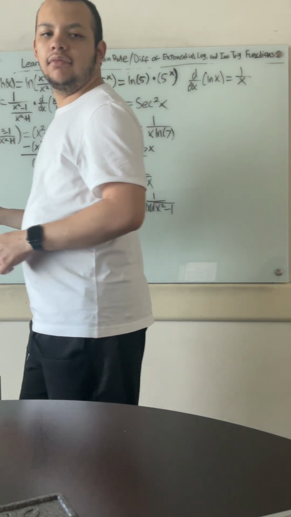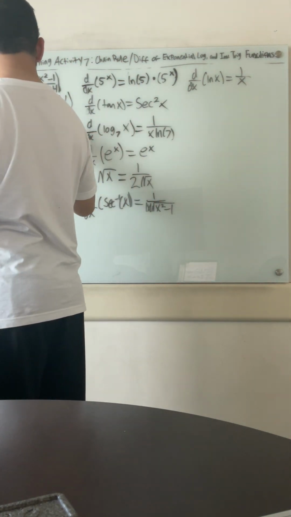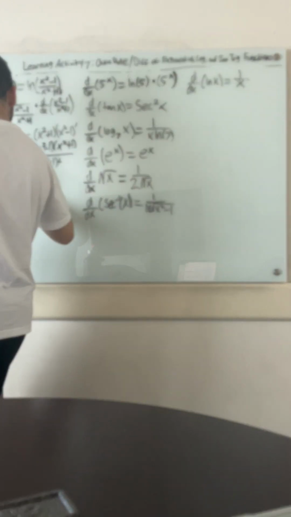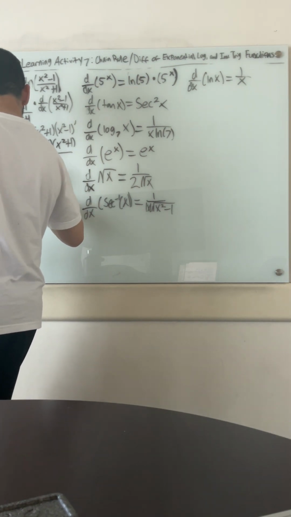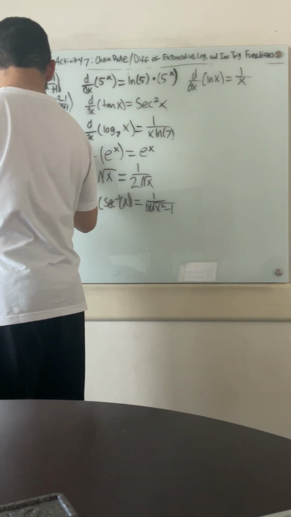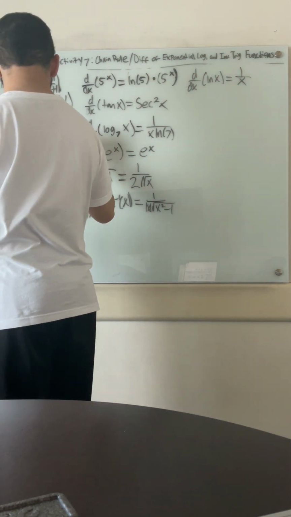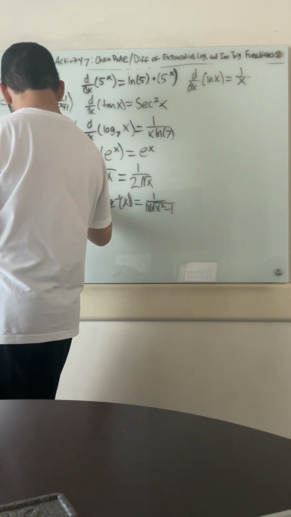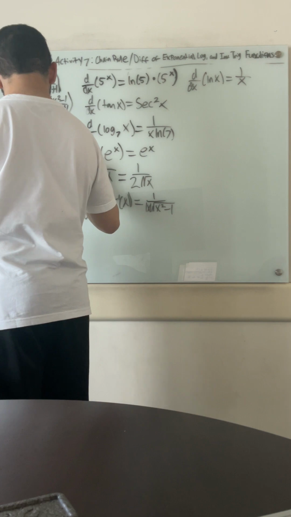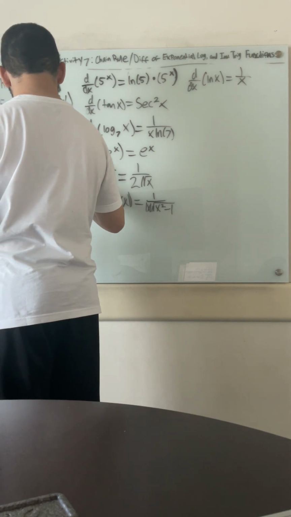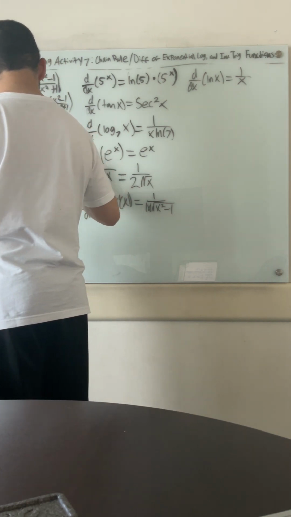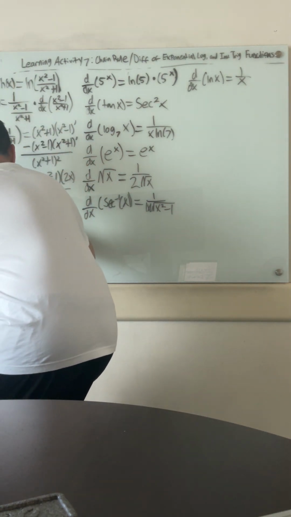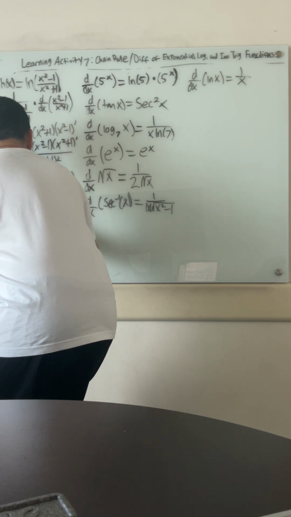So when we take the derivative of this, we have 2x times (x squared plus 1) minus (x squared minus 1) times 2x, all over (x squared plus 1) squared.